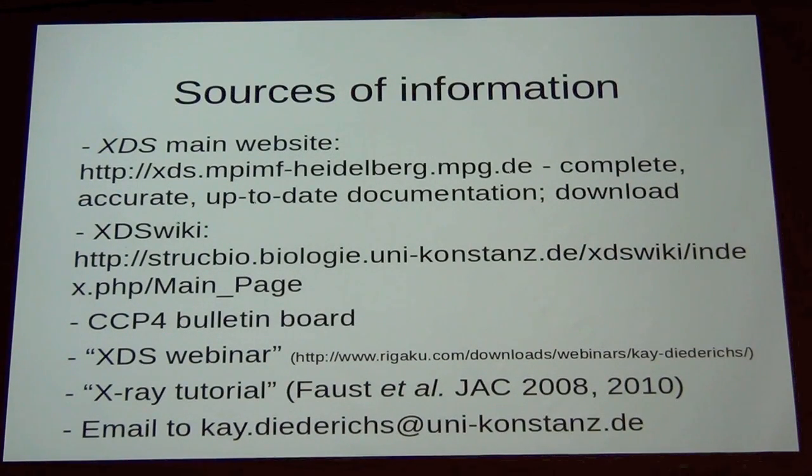It's already a little bit old, but it doesn't show the GUI, for example, but I think the information is still useful. Some papers called X-ray tutorial in the Journal of Applied Crystallography. And if everything else fails, please send me an email and I'll try to look at your data, but be prepared to share your raw data with me, confidentially, of course.